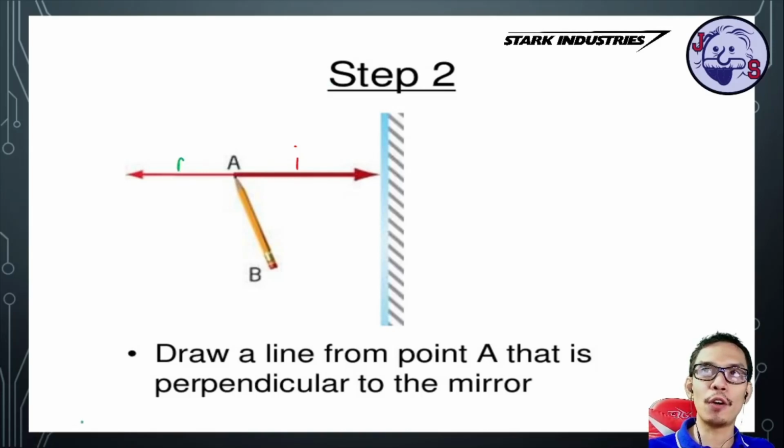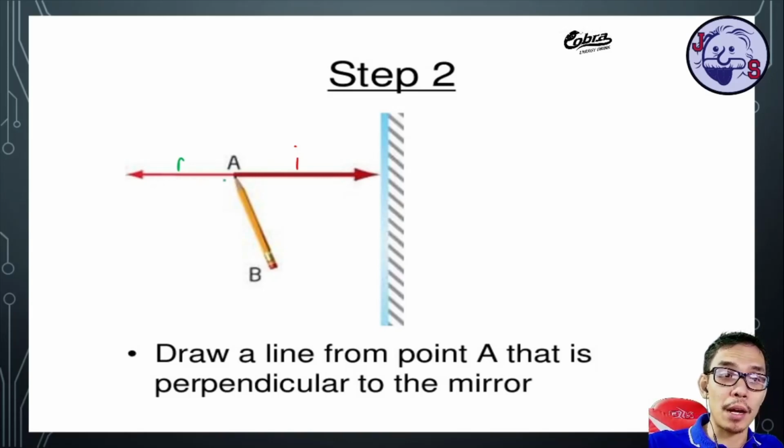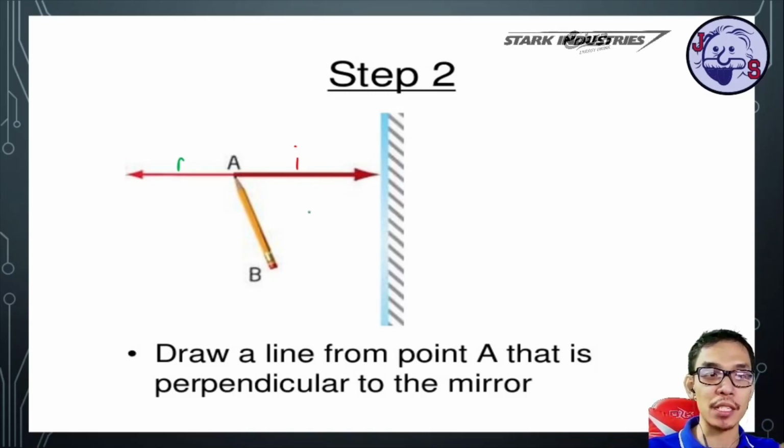Why is it that the reflected ray has the same orientation as the incident? Remember, the angle of incidence is equal to the angle of reflection. That is what the law of reflection says.